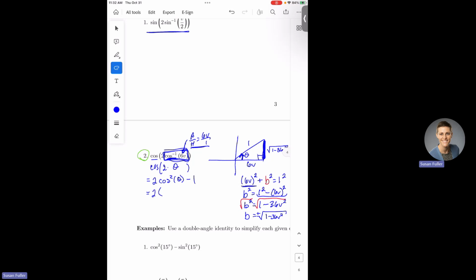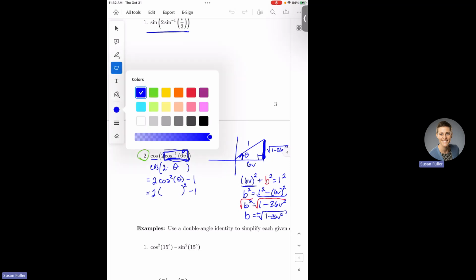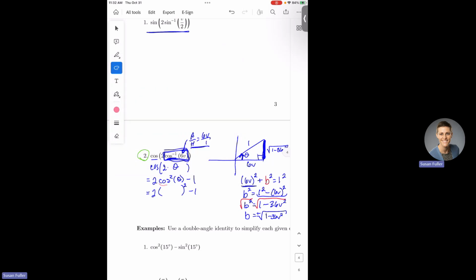So I'm going to do 2 times the cosine of theta squared minus 1. So now we have to figure out what's the cosine of theta. Well, I'm going to go to my triangle here, and cosine is adjacent over hypotenuse. So that is 6v over 1, or just 6v.